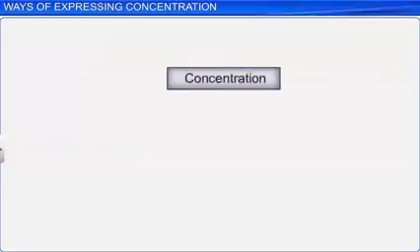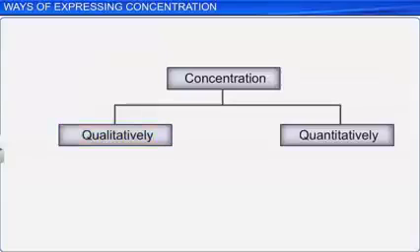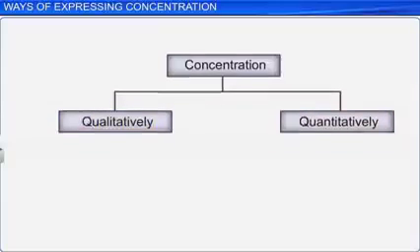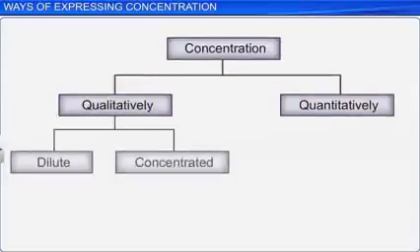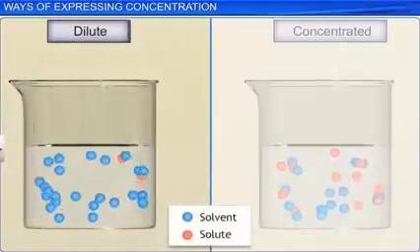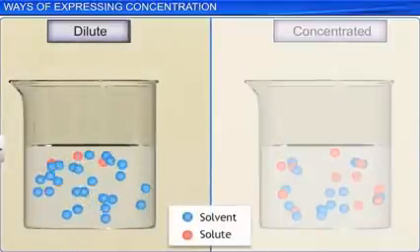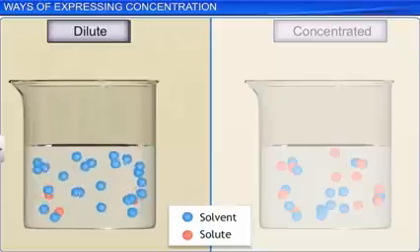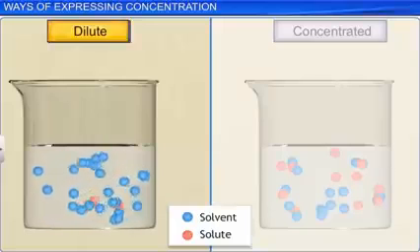Concentration can be expressed qualitatively as well as quantitatively. Qualitatively, we describe a solution as either dilute or concentrated. When a solution contains a small proportion of solute relative to the solvent, we call it a dilute solution.